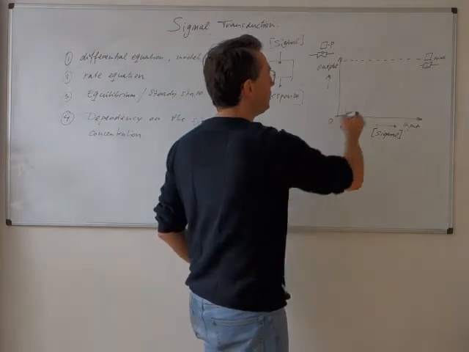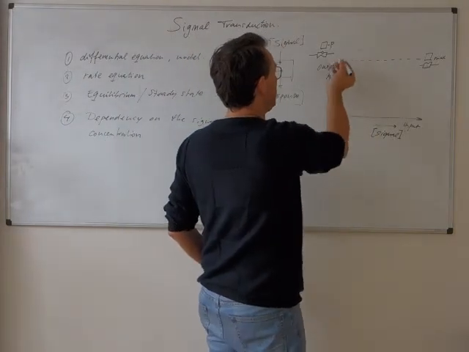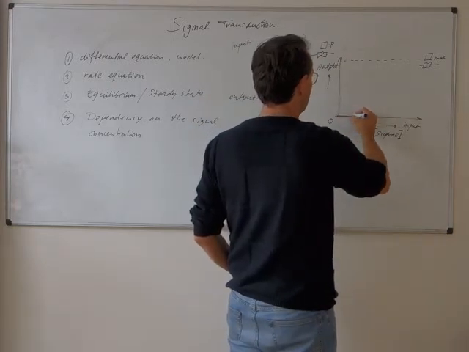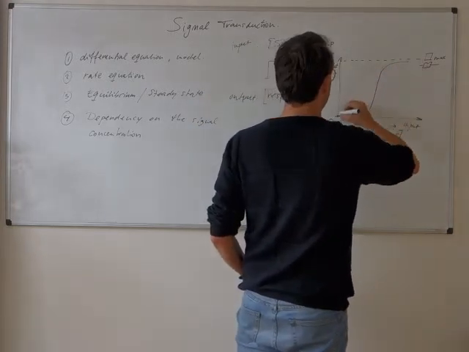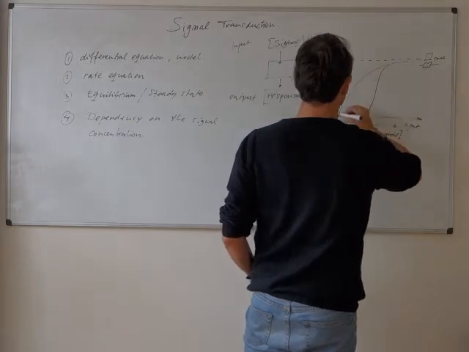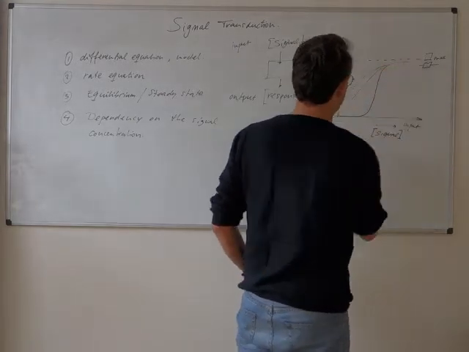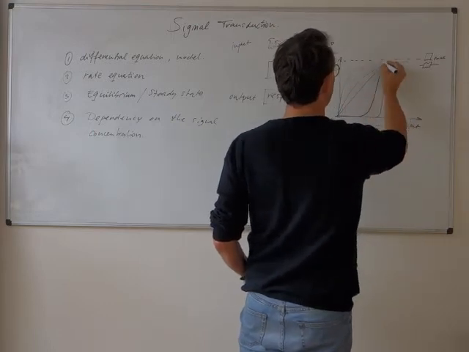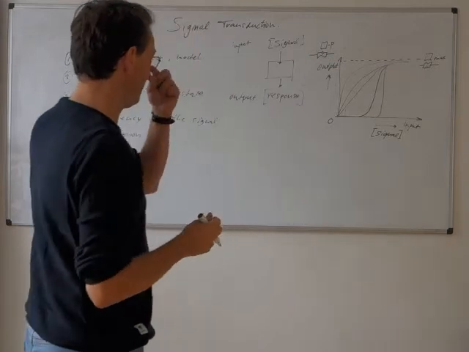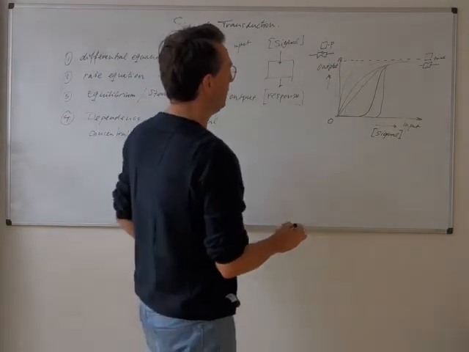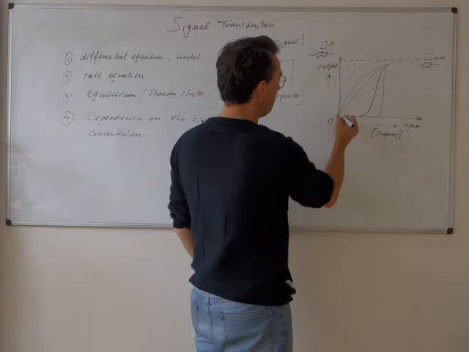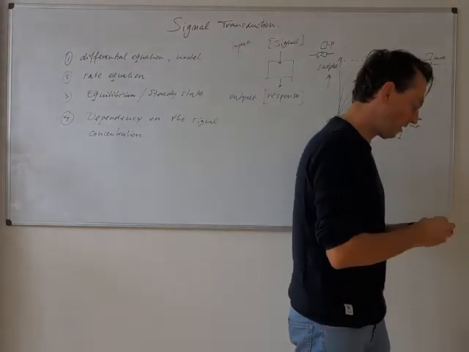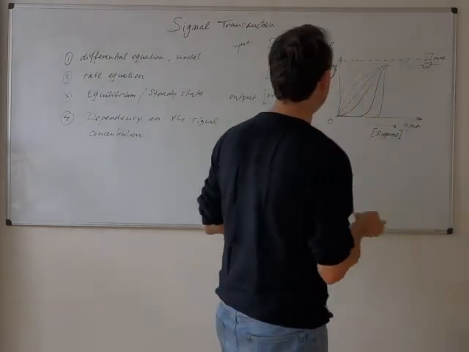And now there will be a certain relationship of one of these concentrations with the signal. So it could look like this, but it could equally well look like this, or it could be more linear, or more step-like, or more hyperbolic. Clearly these different input-output diagrams vary in terms of the sensitivity with respect to the signal.